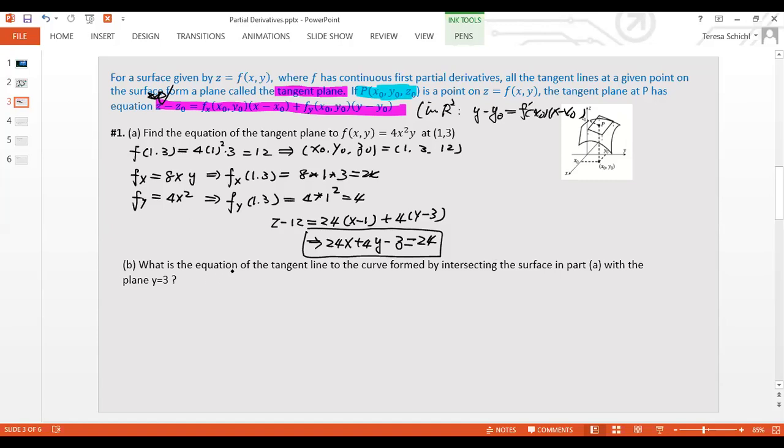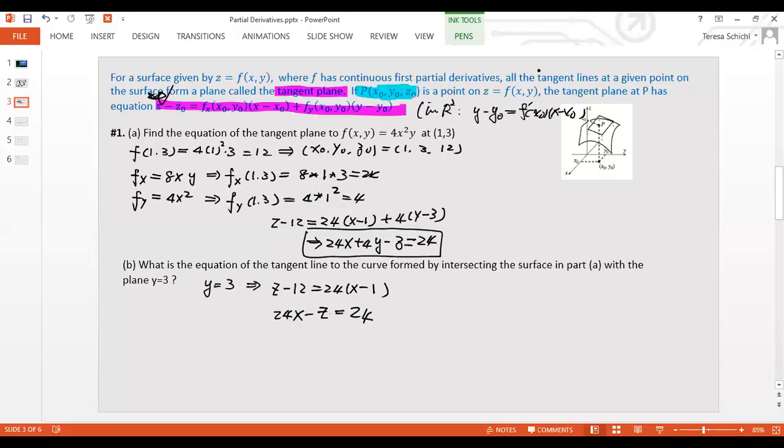So when y equals 3, you will have z minus 12 equal to 24 times (x minus 1), and that gives 24x minus z is equal to 24 here.